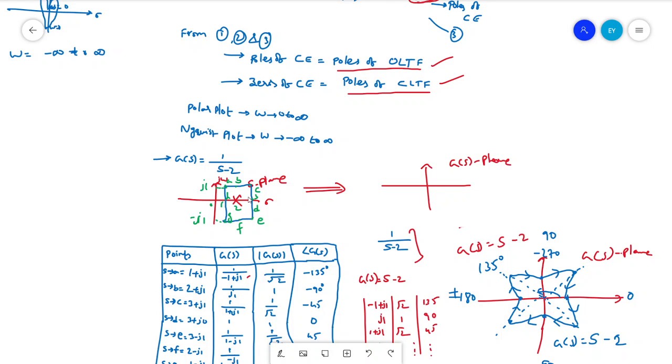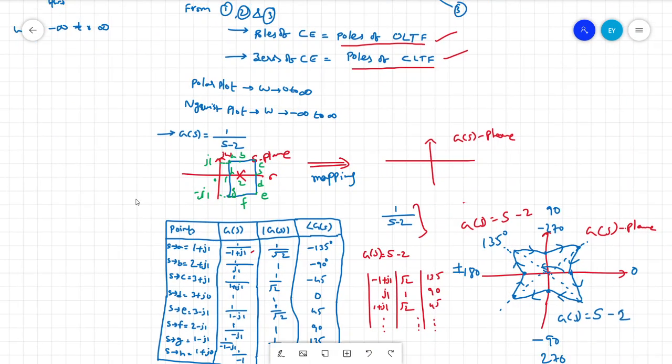If you are drawing a plane and extending that contour into the other plane by mapping through the magnitude and phase of the system, then that plot is represented as a contour and contour, that is nothing but the Nyquist plot.